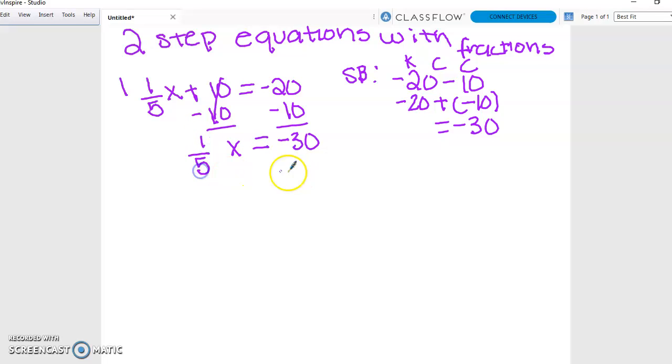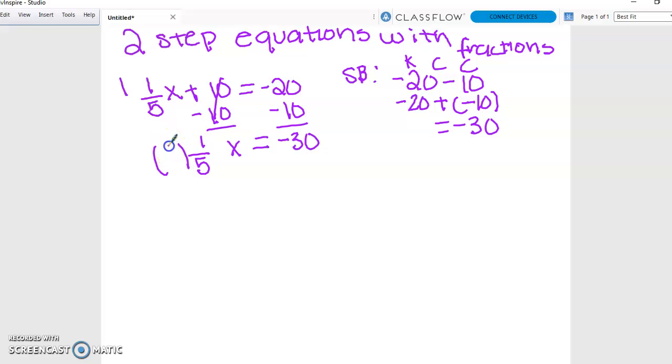So now we're left with 1/5 x equals negative 30. So in order to finish this problem, this is what we were going to learn. What you have to do is multiply by the reciprocal. So it's just like dividing fractions because this bar means to divide, right?